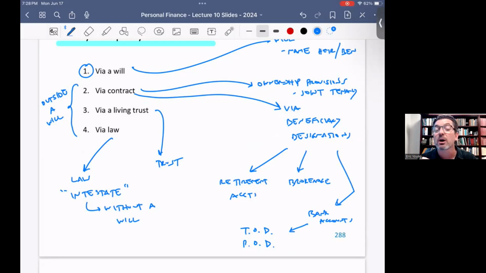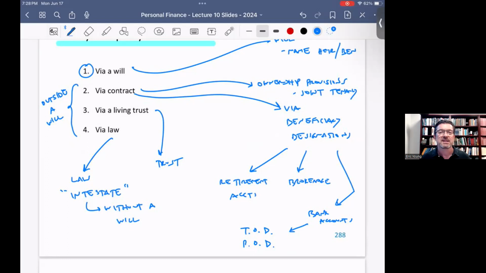Imagine that you are unmarried, but you have a life partner that you've been with forever and you intend to be with forever. If you're not married, though, and they're not your spouse, and you die intestate, nothing in California law provides for your property to go to a life partner.